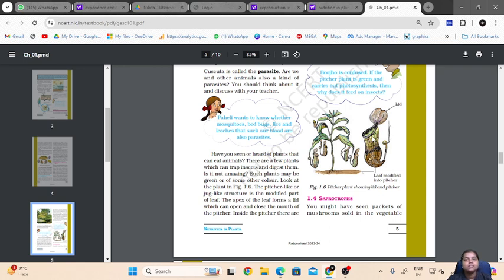Later on some digestive enzymes will be secreted by this particular pitcher plant, and the insect that has been trapped will get digested, and all the nutrients will get absorbed by this particular plant. Understood? So this type of plants are called insectivorous.